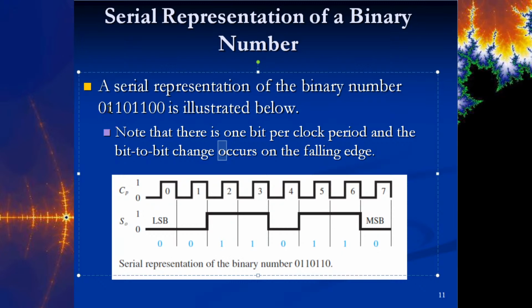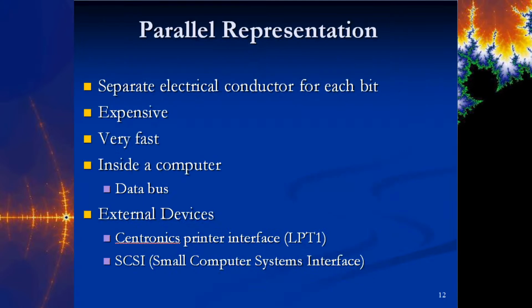The number is 01101100, and it's listed down here as 00110110, but that's because the most significant bit is the last one to be clocked out. Okay? So I could ask you something like that on an exam too. You know, give me the serial representation of this binary number, and you would just have to remember that it has to be backwards when you write it out here. Okay?